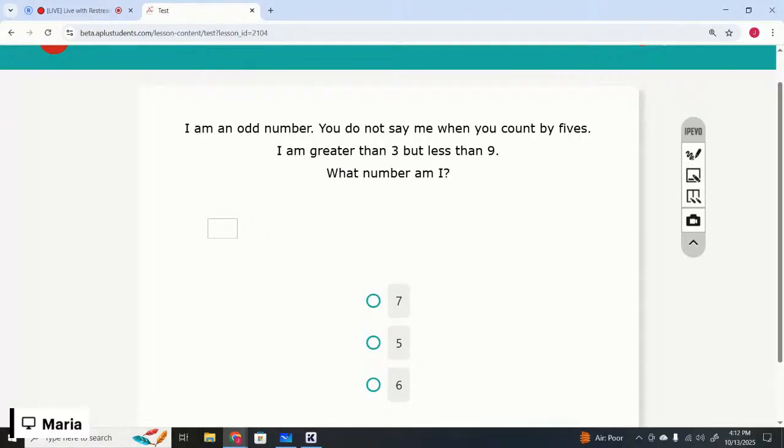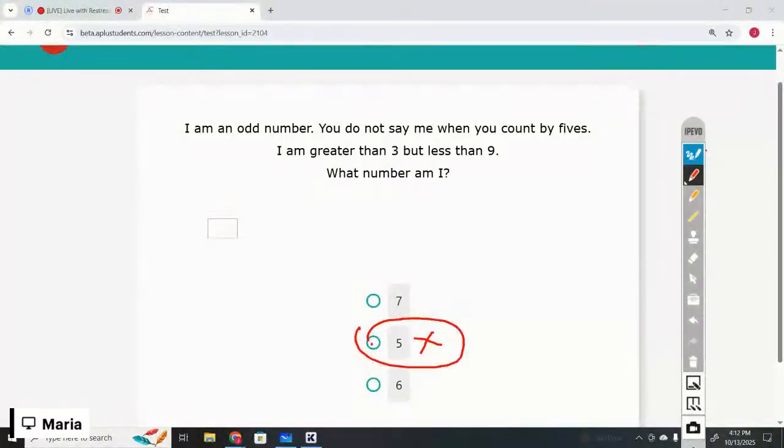I'm an odd number. You do not say me when you count by fives. I'm greater than 3 but less than 9. So odd number it is. You do not say me when you count by 5. I'm greater than 3 but less than 9. We have two options, 7 and 6. Which is the correct option?